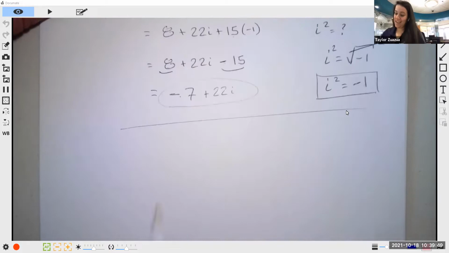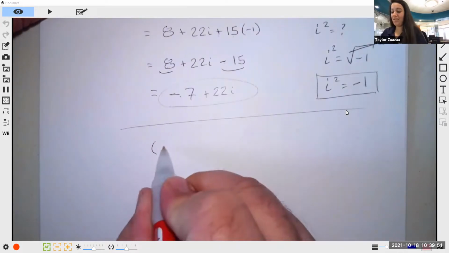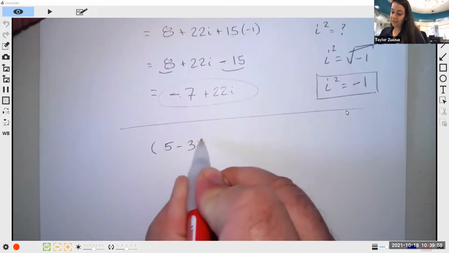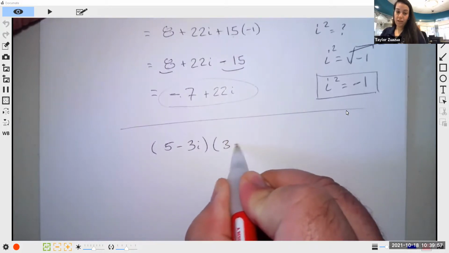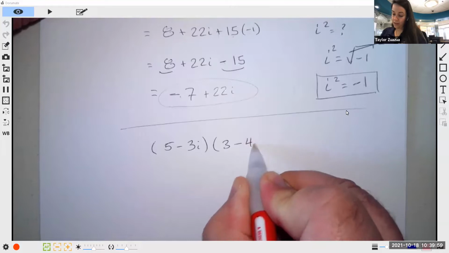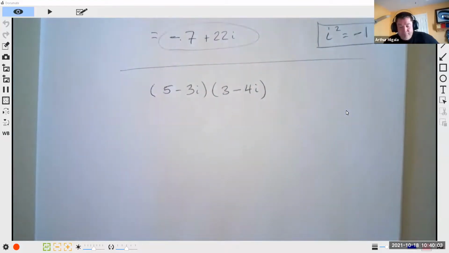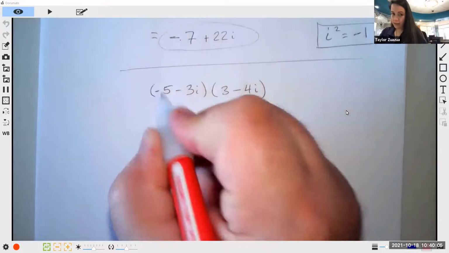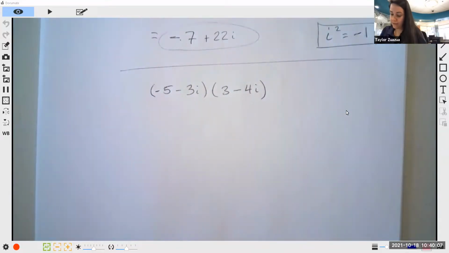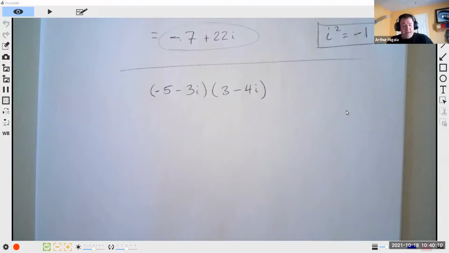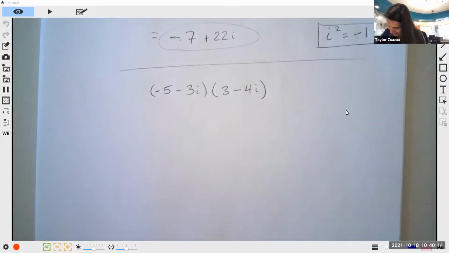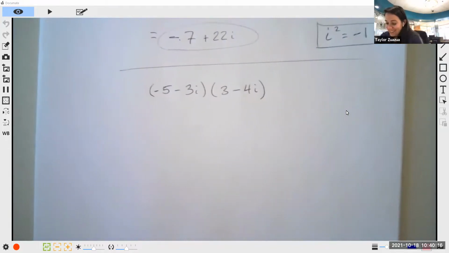Let's do another one to practice that negative 1 thing. Okay, try that one: negative 5 times negative 3 plus 4i.